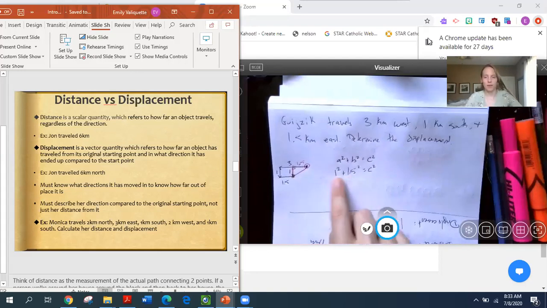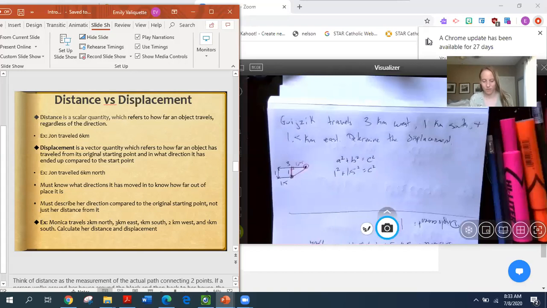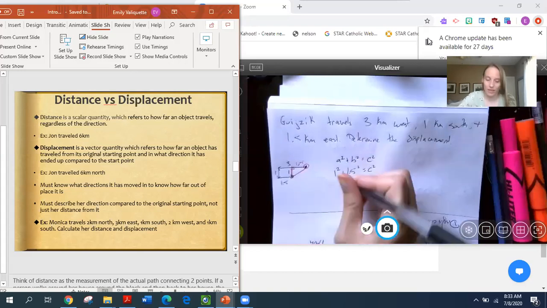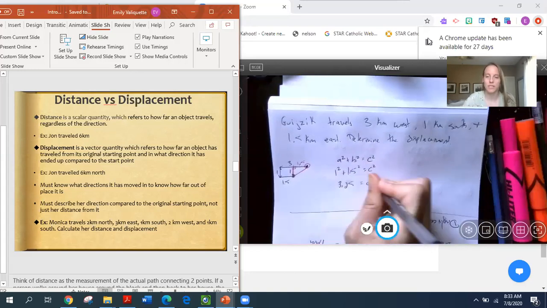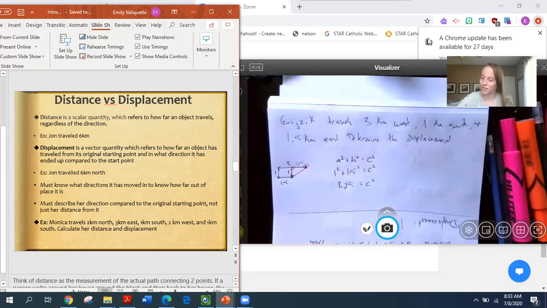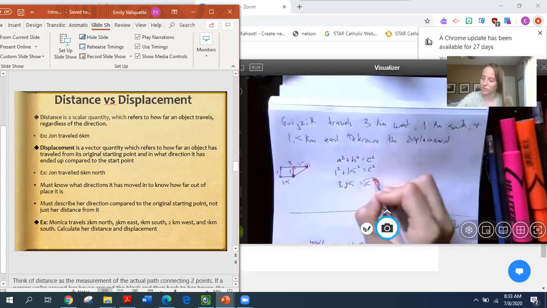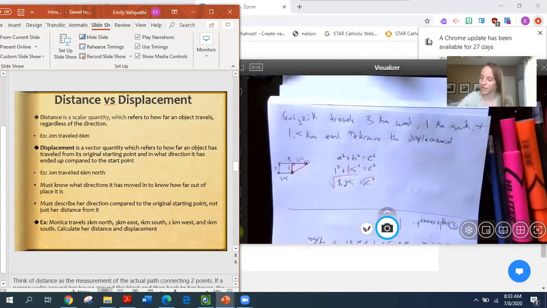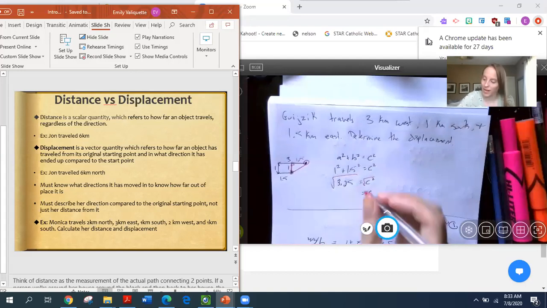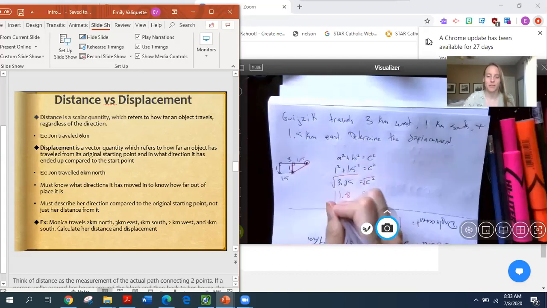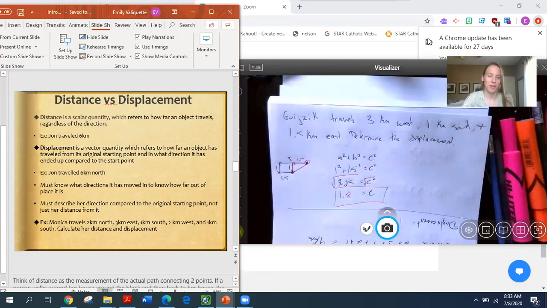And then I'm going to figure out, okay, 1 squared plus 1.5 squared is 3.25. That is equal to c squared. And then in order to get just c, I need to square root that to cancel out the squared sign. The square root of 3.25 is 1.8. So his displacement is 1.8 kilometers.